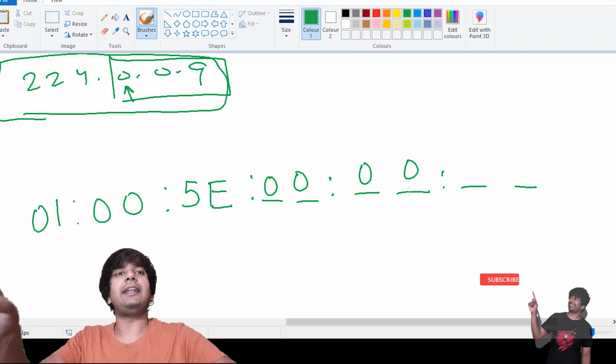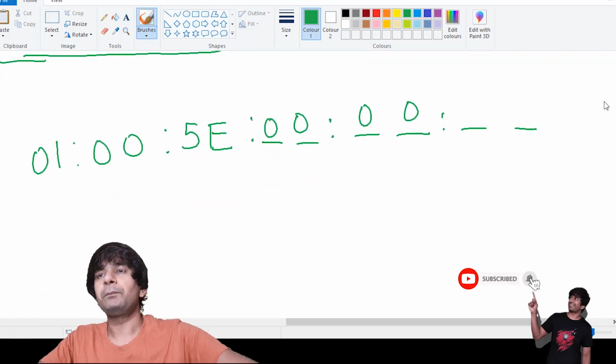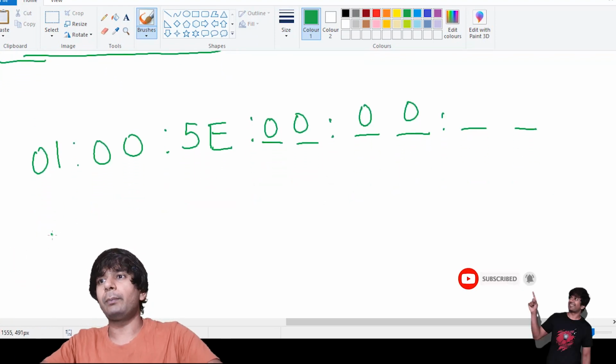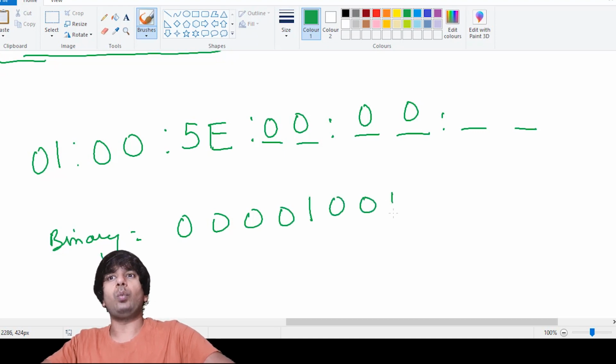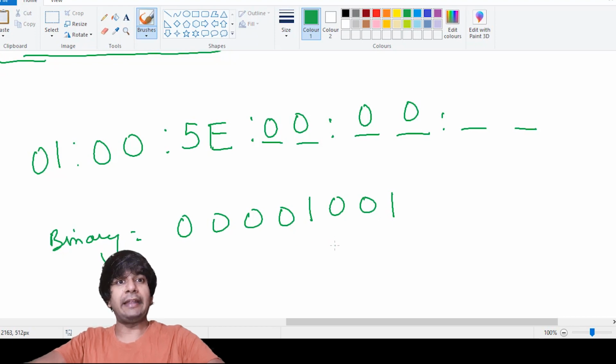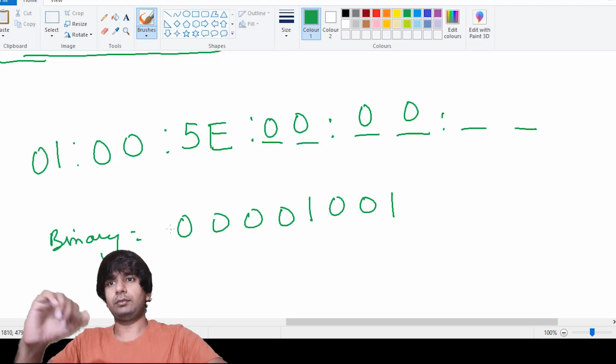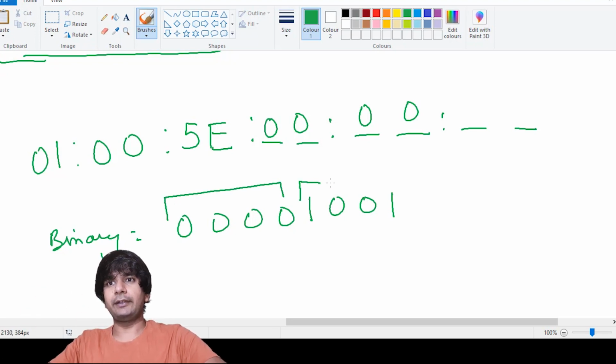Now the last octet is 9. If 9 is a decimal, the binary is 0 0 0 0 1 0 0 1. Divide them into pairs of 4 bits, so you get 2 pairs.